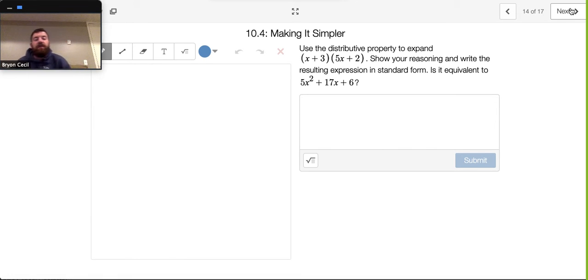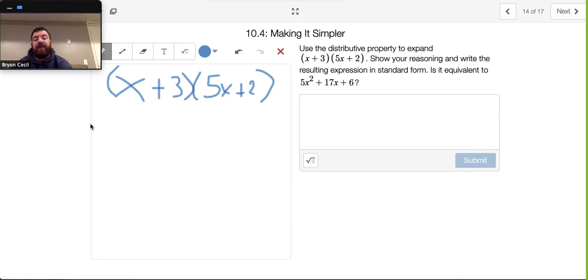So show your reasoning, so use the distributive property to expand this. So let's take the x plus 3 and the 5x plus 2, and let's FOIL. So x times 5x is 5x squared. x times 2 is 2x. 3 times 5x is 15x.